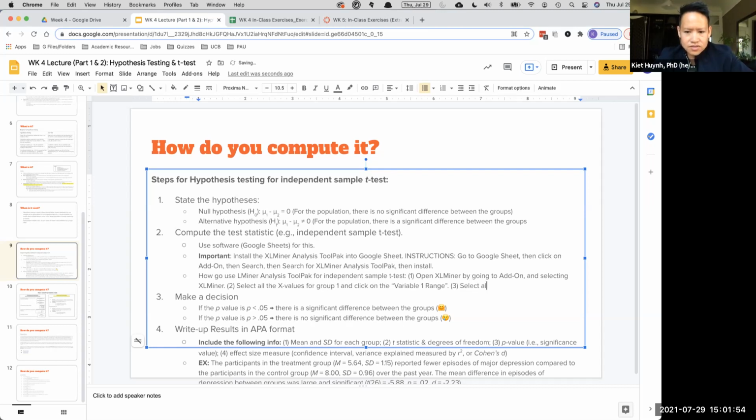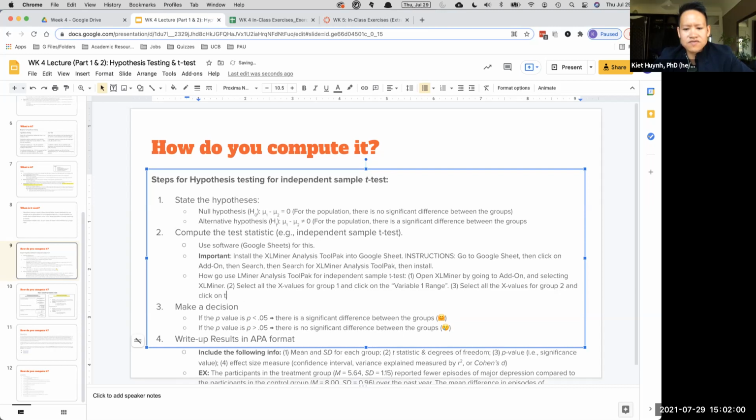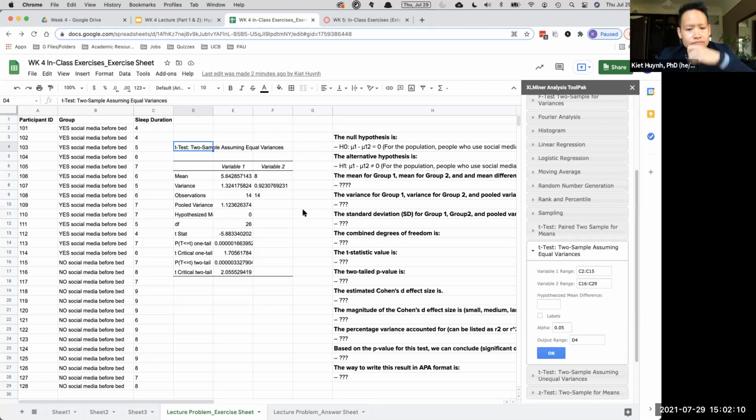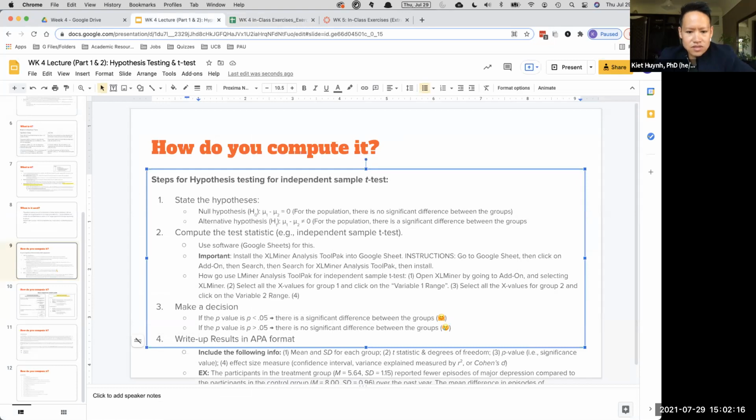Select the X values for group two and click on the variable two range, then output range. Click anywhere on the Google Sheet.